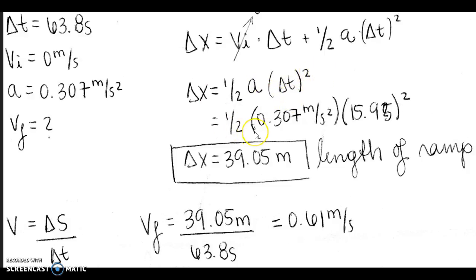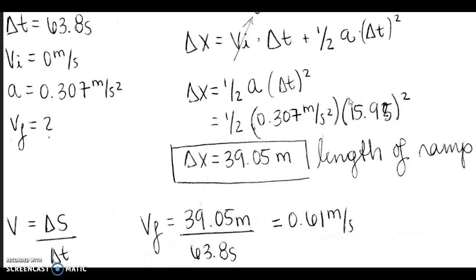So that would be 0.307 meters per second squared times 15.95 squared, because the total change in time it would take to get on the ramp is 63.8 seconds, and it says that he skips the ramp and takes 1/4 of the time it would take to be on the ramp.